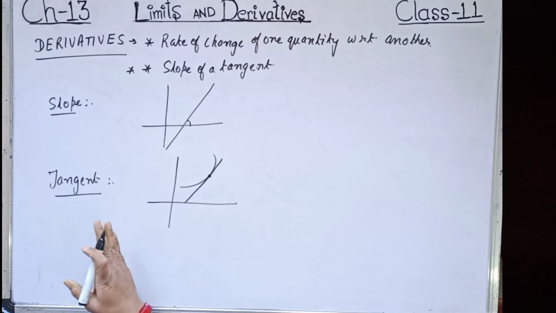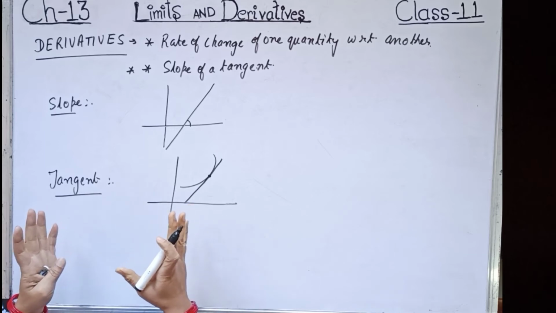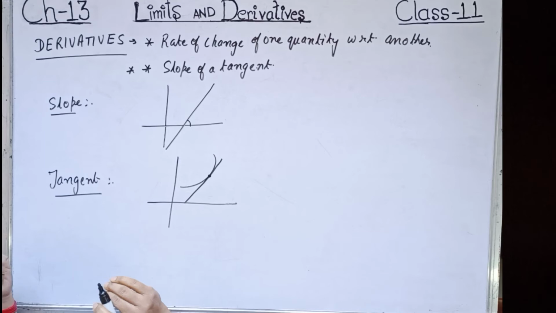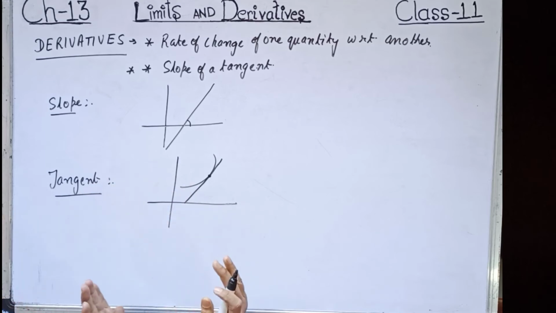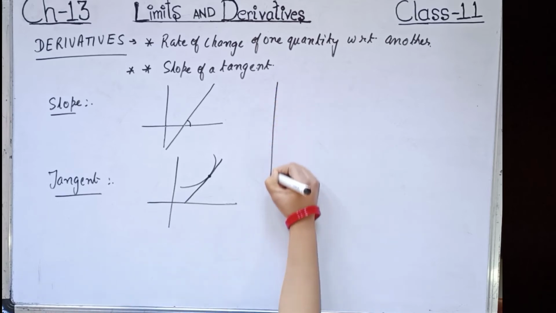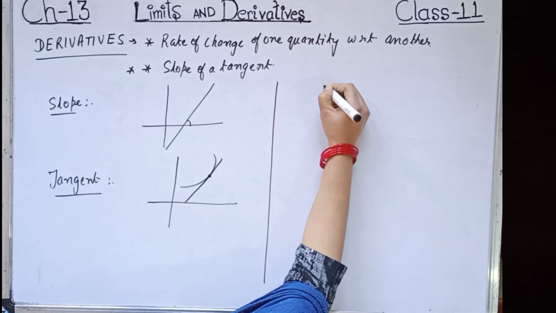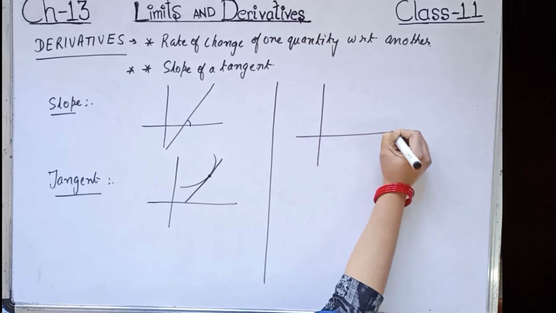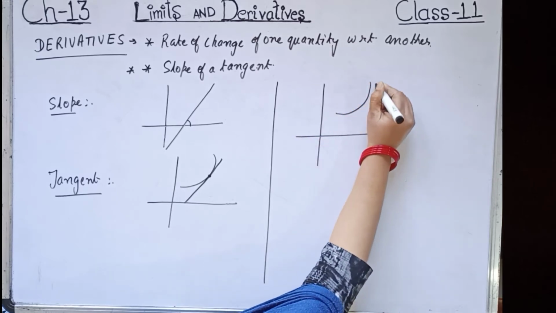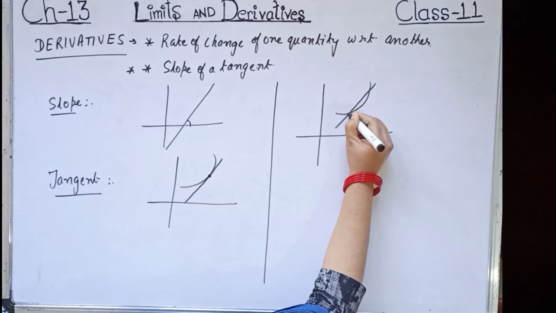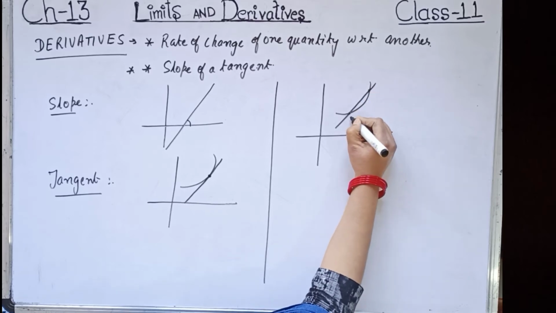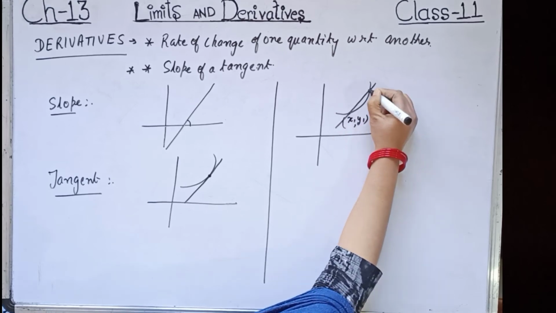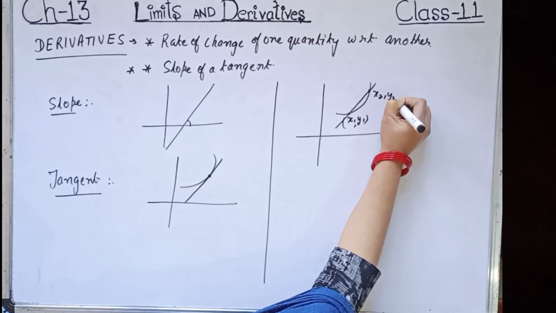Now let us understand the formula and the definition of the derivative. Before that, one concept which you have done earlier, I think in conic section: suppose this is a secant intersecting this curve at 2 points, suppose x1, y1 and over here x2, y2.